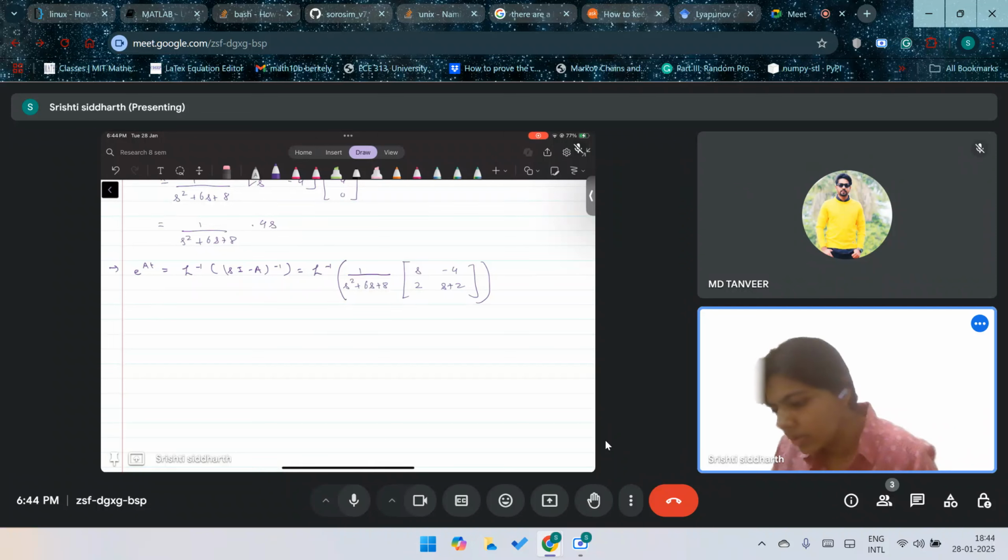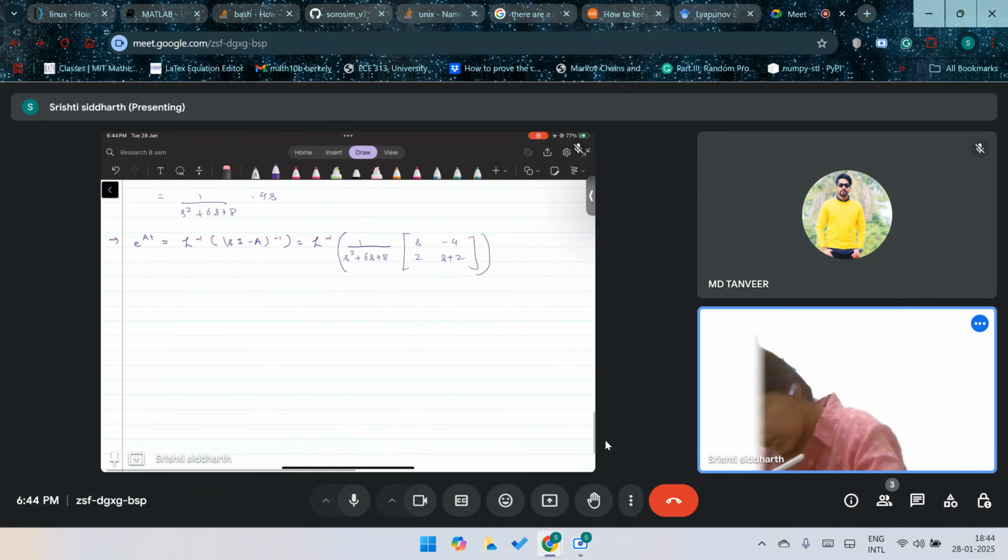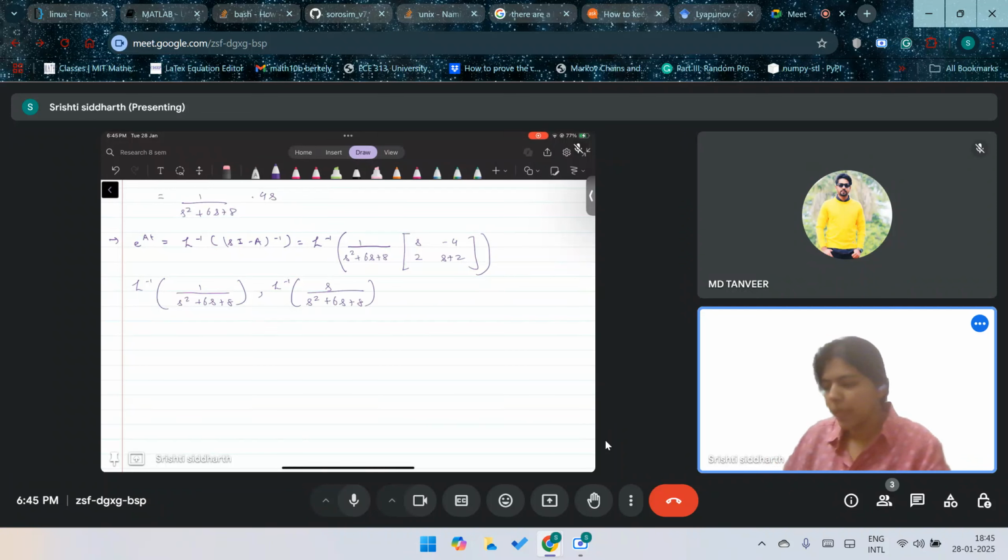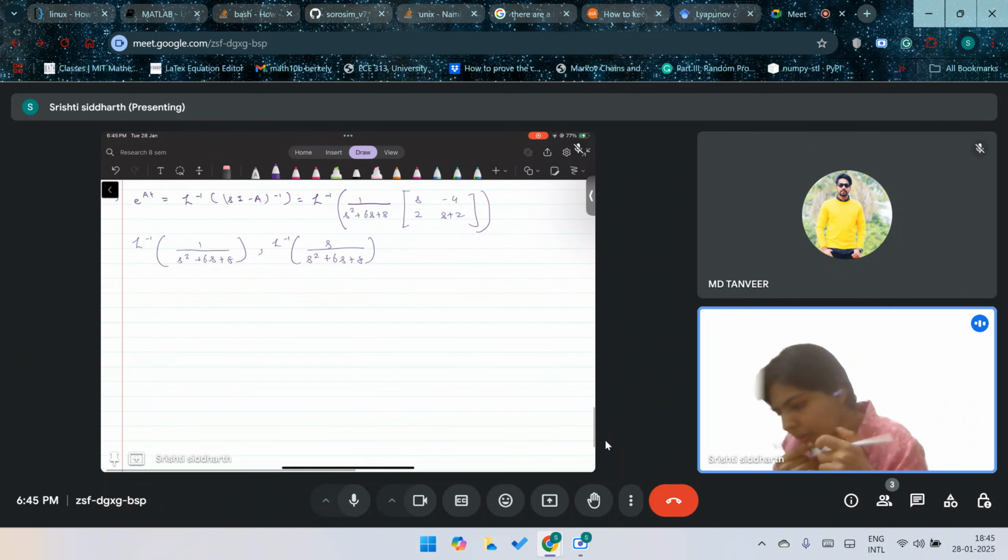Okay, so we have actually three kinds of expressions, and we need their partial fraction expansions. So I'm going to write this down. First is the Laplace inverse of 1 upon s squared plus 6s plus 8. Then we need the Laplace inverse of s over s squared plus 6s plus 8.